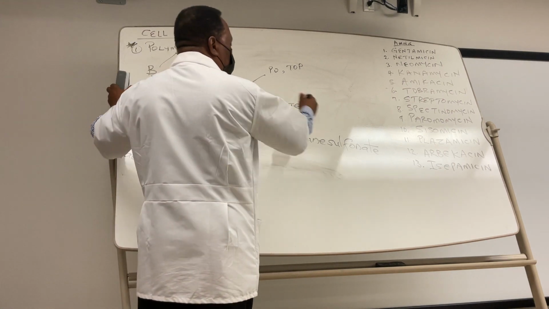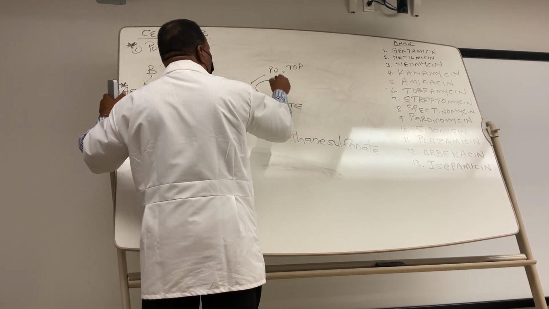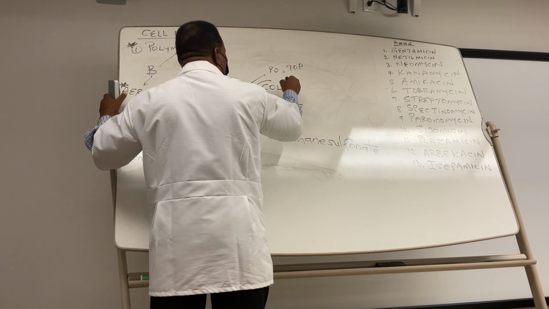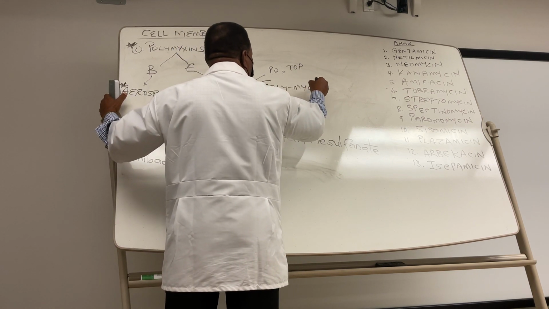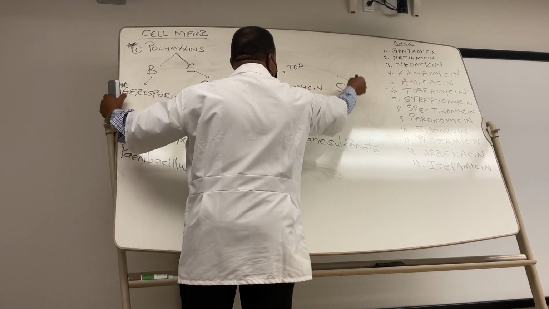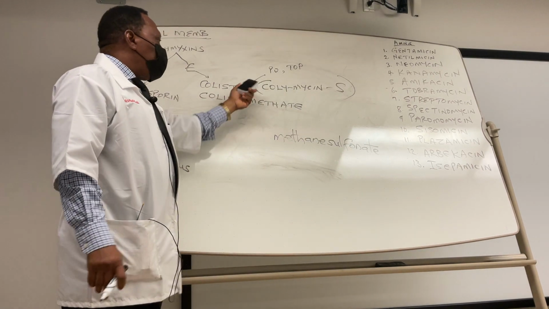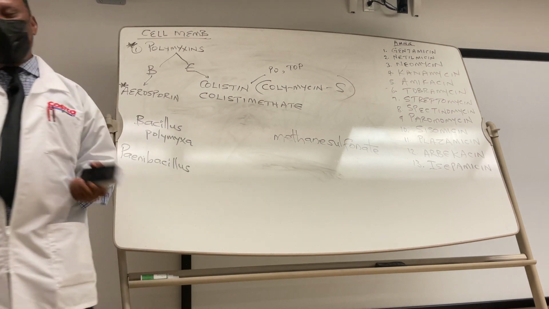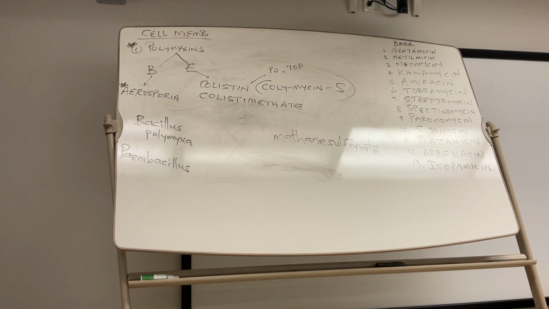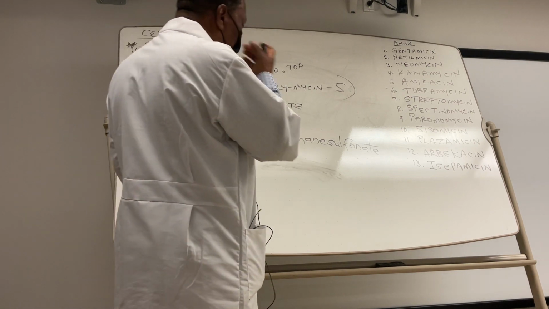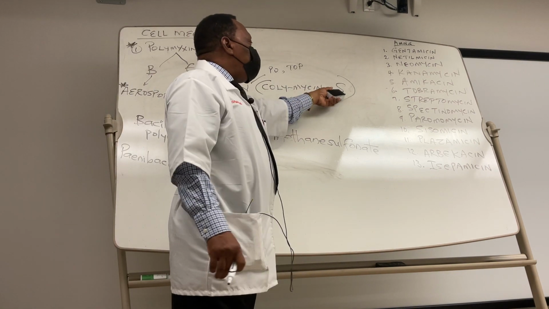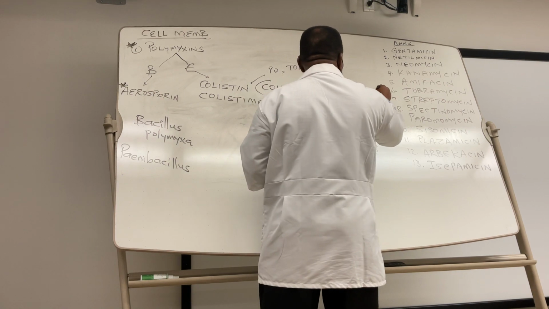And you see that in a product that is called Colimycin S. Okay. So Colimycin S has colistin in it. It also has neomycin in it. And the S there just refers to sulfate.